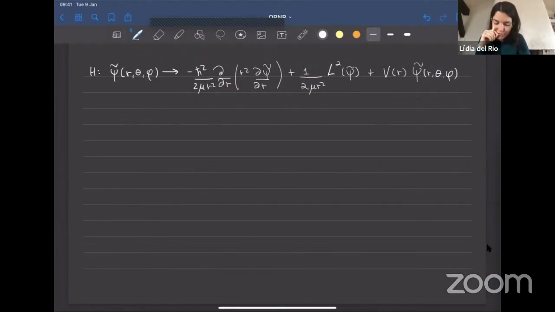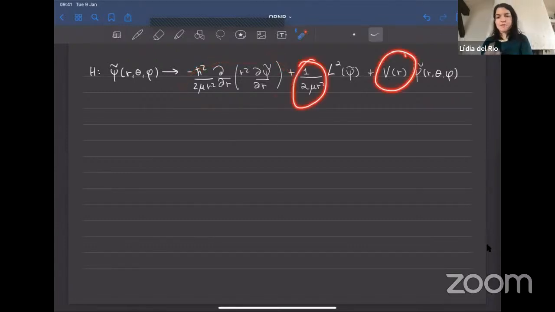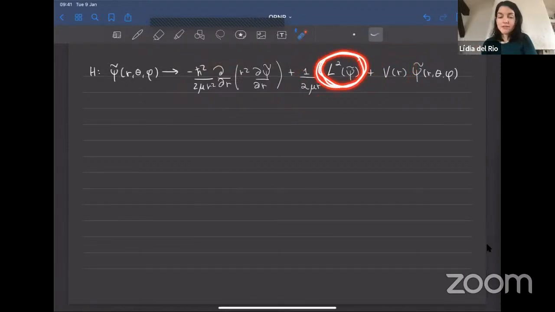Okay. So from here, we have some good news, right? All of this only depends on r. This depends on r. This depends on r. Nothing depends on the two angles, except this factor here, L squared, right? And L squared commutes with L squared, and L squared commutes with LZ.